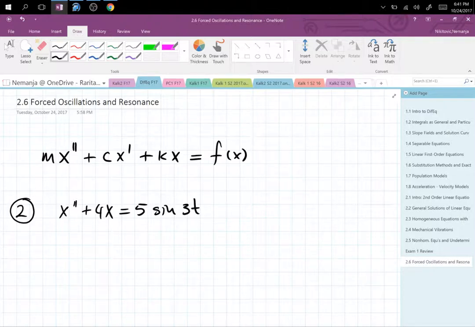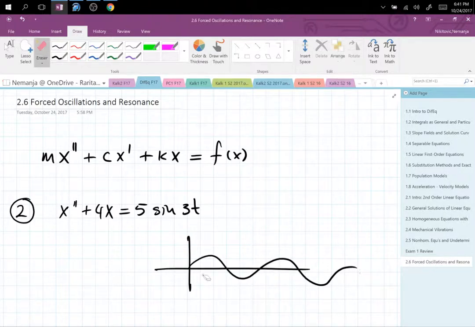That factors over complex numbers, which means that you have the trig solution to it, which means it's a wave. And you also see a wave forcing on the other side. It's a wave because it's a trig, right? Trig is a wave, right?